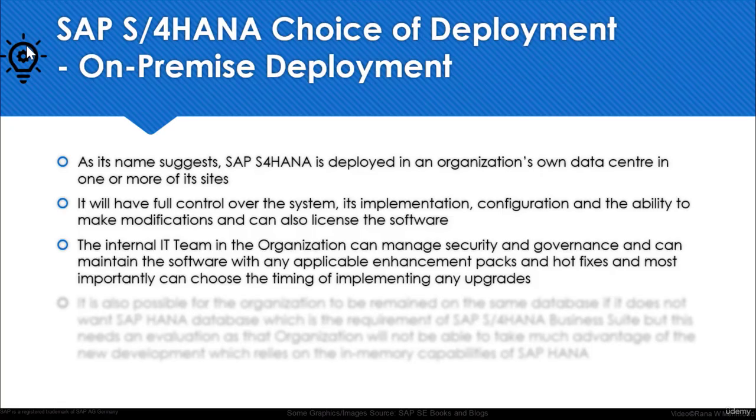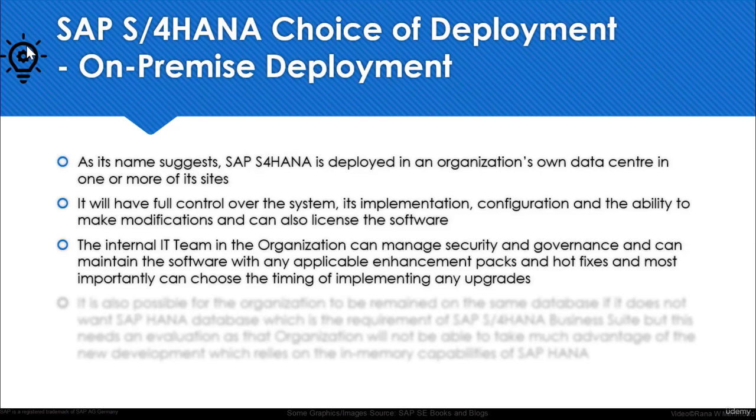The internal IT team in the organization can manage security and governance and can maintain the software with any applicable enhancement packs and hotfixes, and most importantly can choose the timing of implementing any upgrades. SAP normally upgrades its system twice a year or once a year.